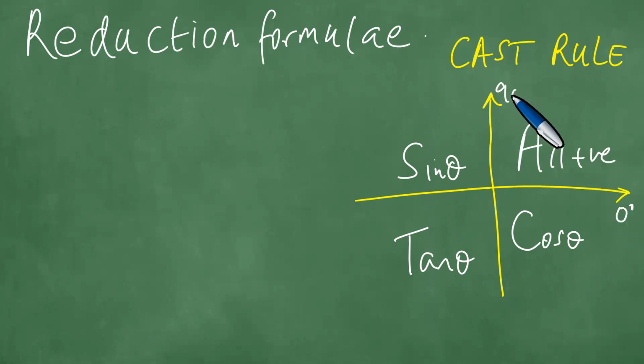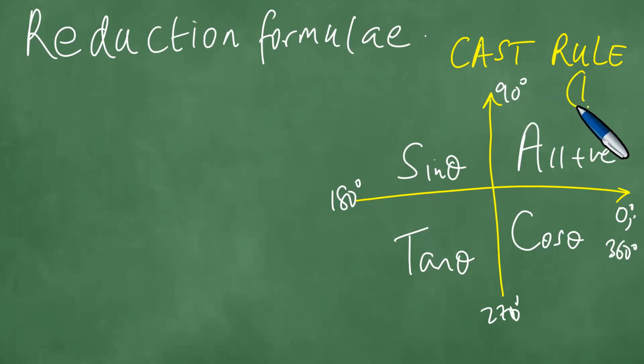Zero, 90, 180, 270, 360. So in view of the CAST diagram, we have here these 90 degrees.